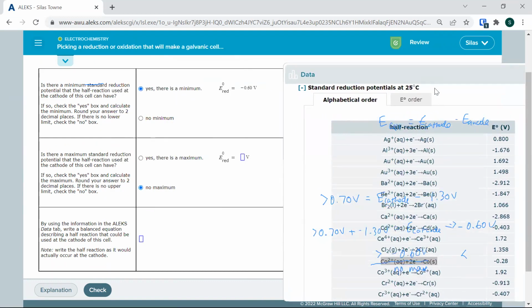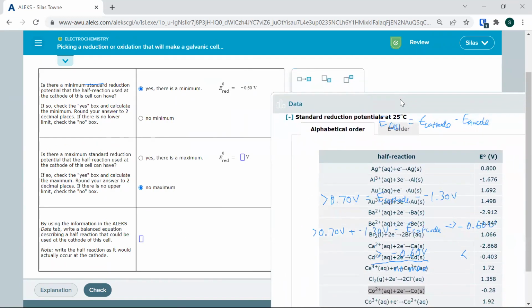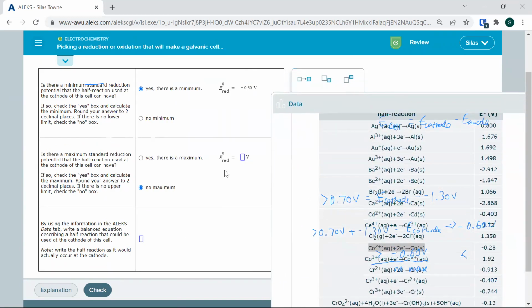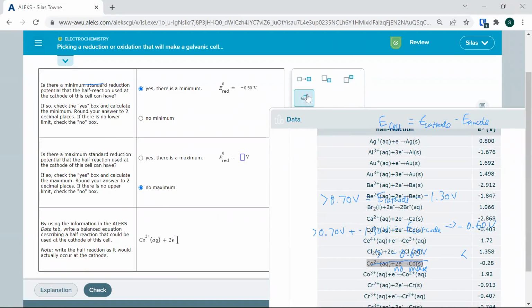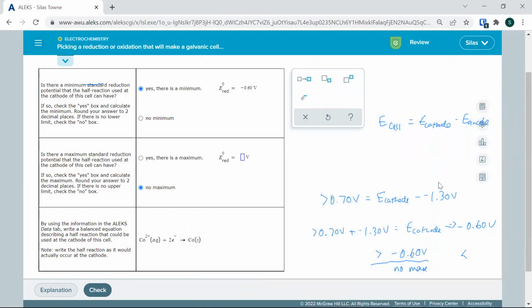I'm going to slide it over here and put in exactly how it says. There should be lots of right answers here, as long as you pick something that's greater than negative 0.6.